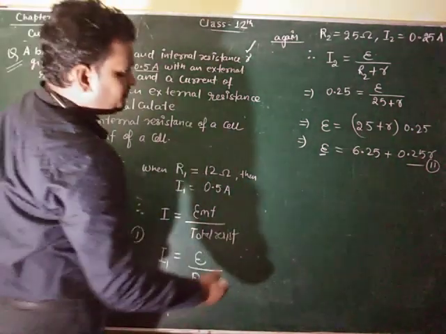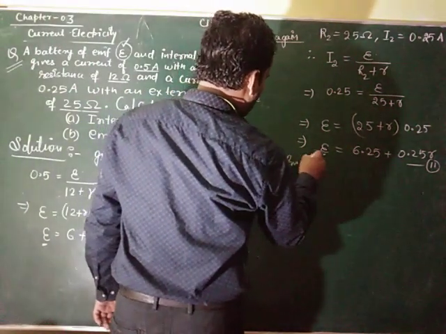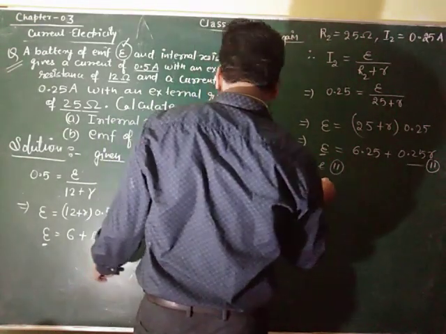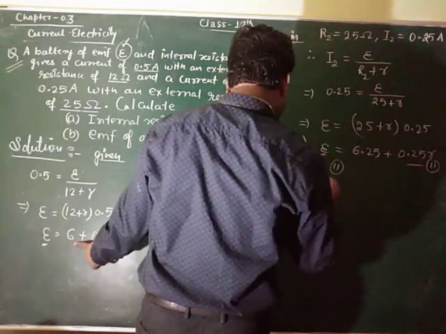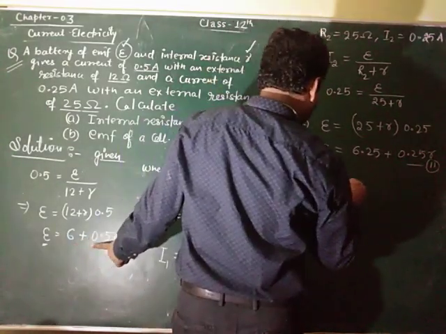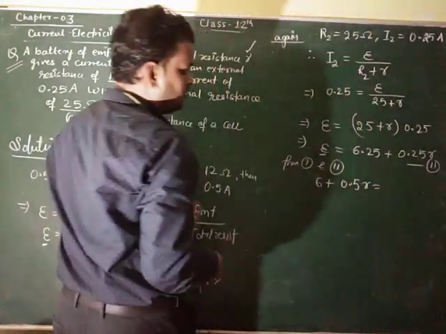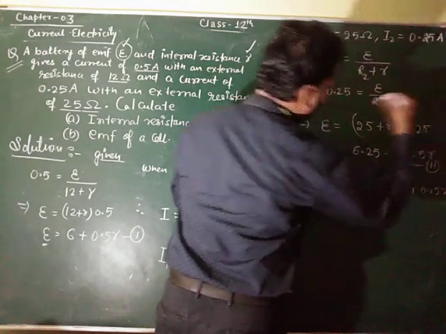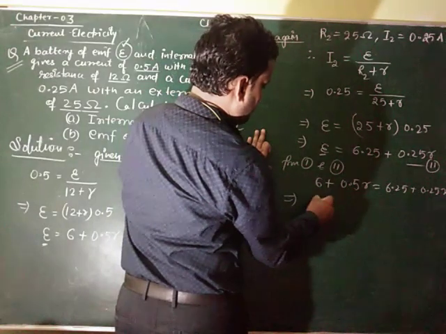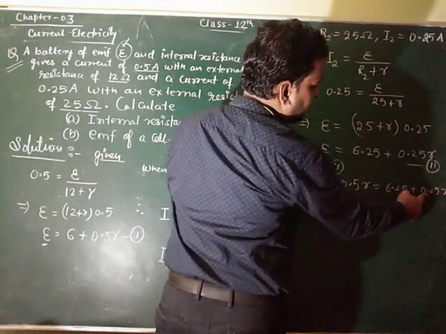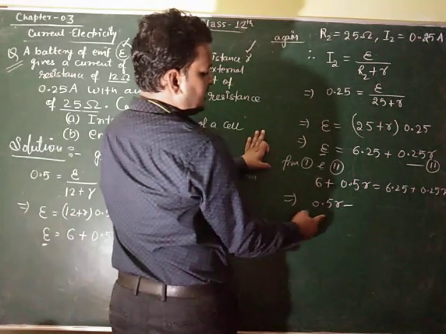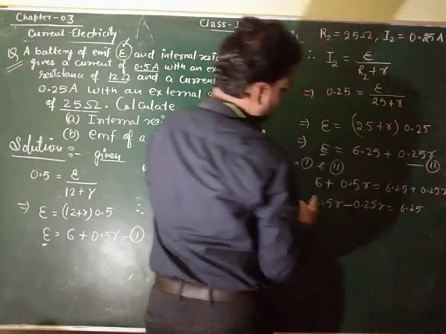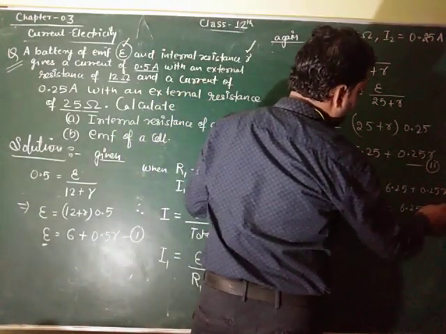So we can equate now from 1 and 2. 6 plus 0.5 R is equal to 6.25 plus 0.25 R. Now, 0.25 R on the right side, when transposing to this side, becomes minus, and this 6, when it goes to the RHS, becomes minus.